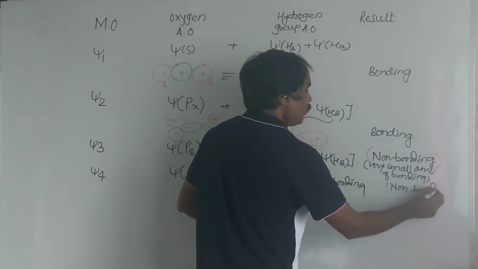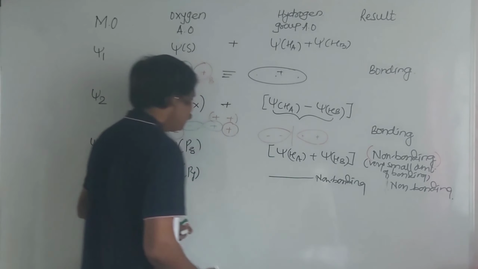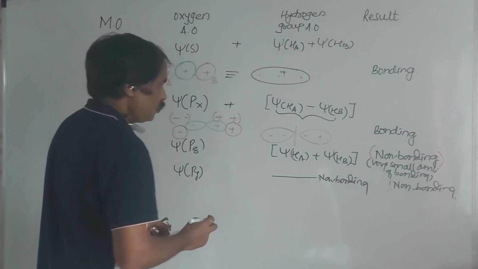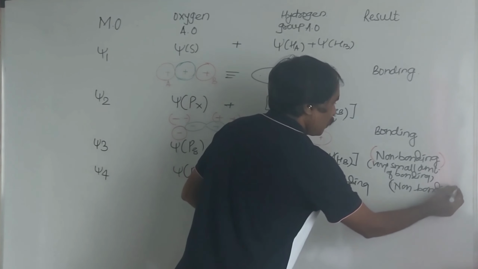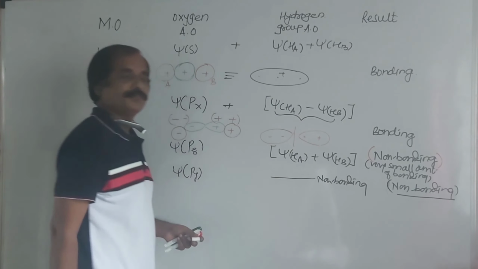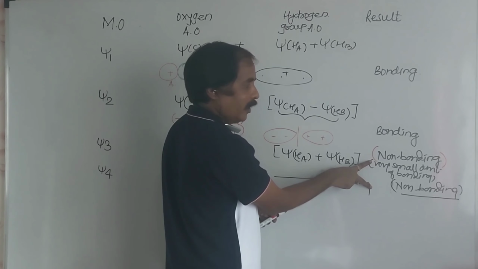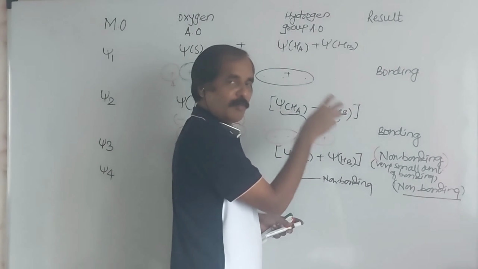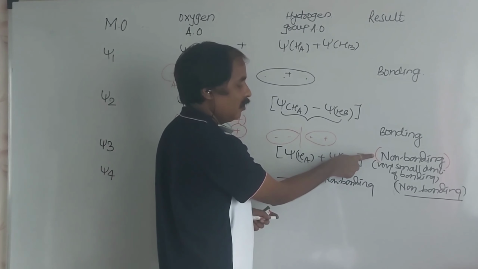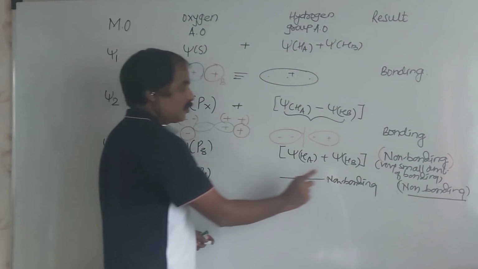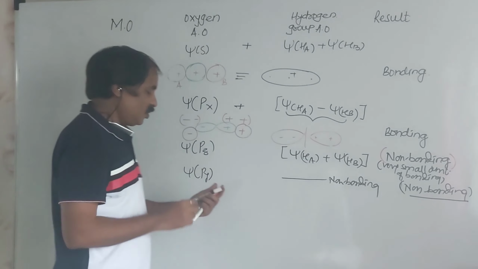It remains as it is. Yani, the wave function of this py remains as it is without any bond or anti-bond. So this is exactly non-bonding. Yani, here two bonding, two non-bonding, the third one is non-bonding. Maximum character of what? Non-bonding. Only a trace amount of bonding is there. Psi4 is completely non-bonding.